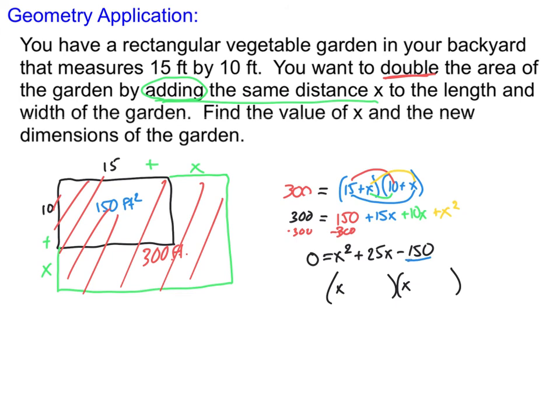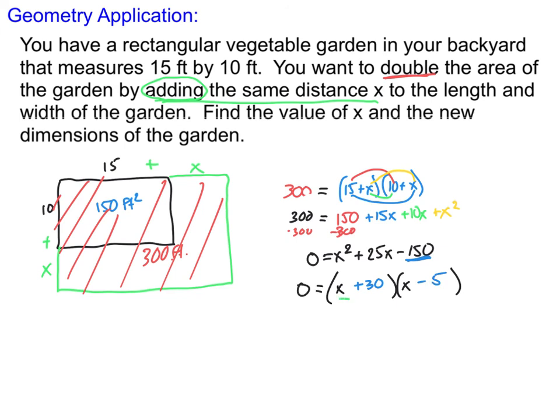And since it's a negative 150, I need to have one positive number bigger than 25 and a smaller number less than 25. So what's a number bigger than 25 that's a factor of 150? So you take 150 divided by, I'm going to try 30. In this case, it would be a plus 30 and a minus 5. And that is equal to 0.